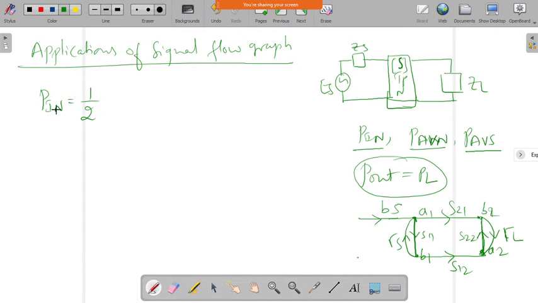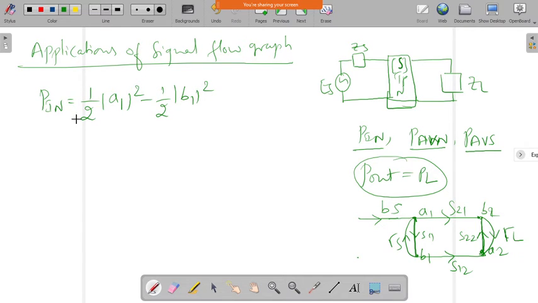So we can write the equation for input power in terms of the normalized incident voltage and the reflected one, which is A1 square minus B1 square. This is the input power which is available.